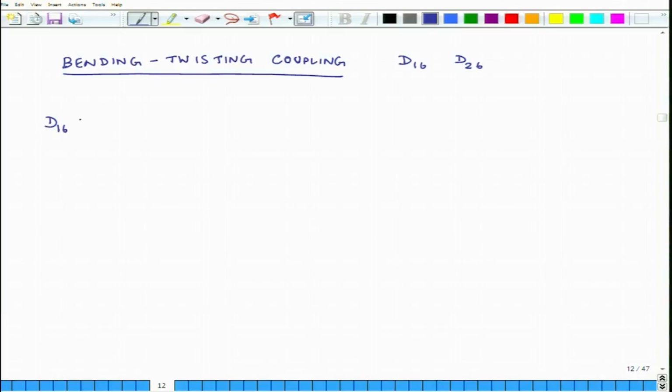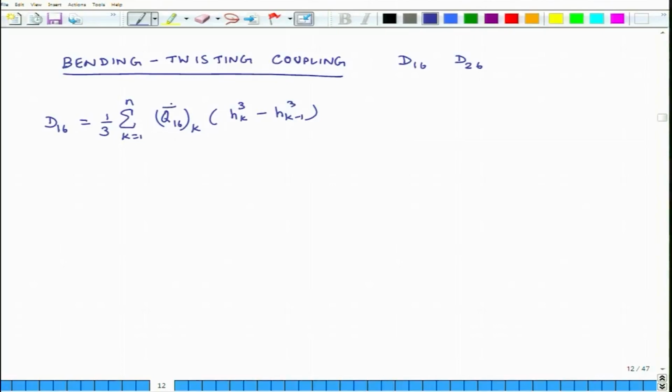So, D16 equals the sum of Qij for the kth layer, Hk cube minus Hk minus 1 cube. So, this is Q16 bar, and this entire thing is divided by 3, and this is summed over every single layer if there are n layers in the system.